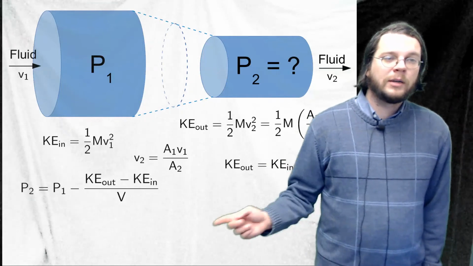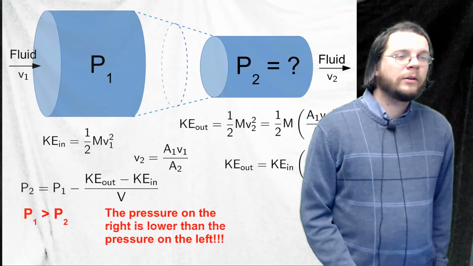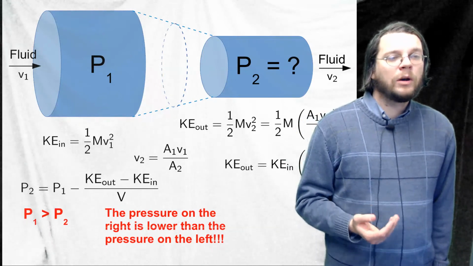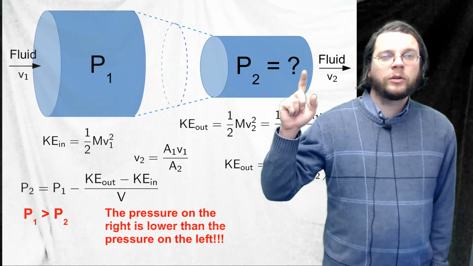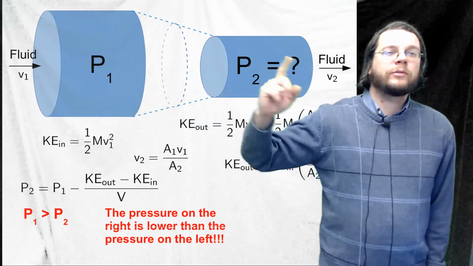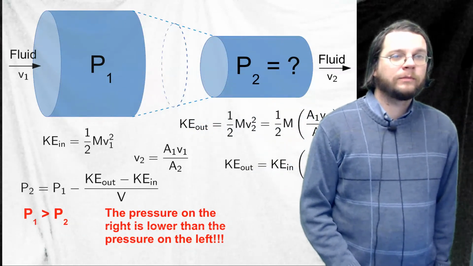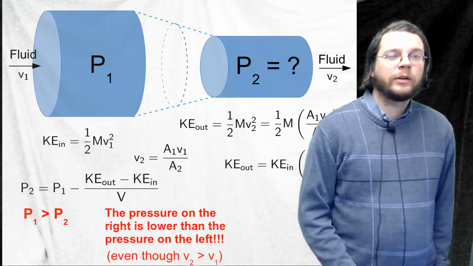So the kinetic energy out is more than came in, and then divide that by the volume. You are going to find that P1 is going to be greater than P2. So this pressure is going to be less than that pressure because we stole energy from it. Okay? So the pressure is going to be lower. And in fact, if you go and measure the pressure inside of this thing, you'll find that it's lower.